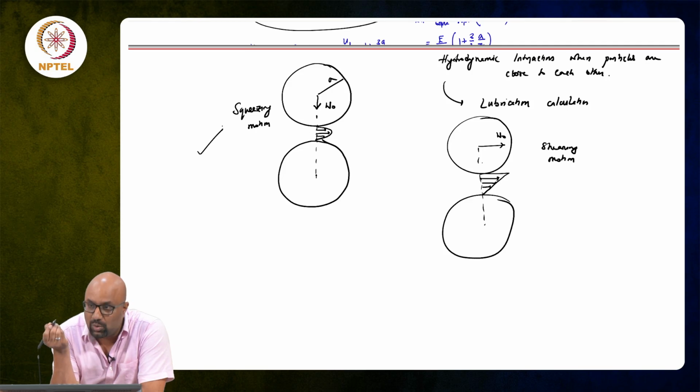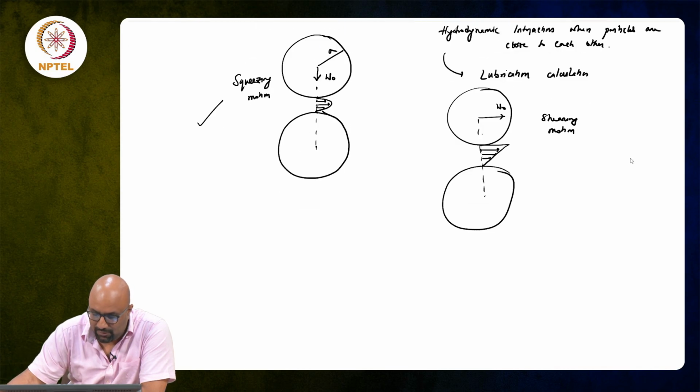It is easier to explain, and it is a classical problem: what is the force acting on these spheres if they have a relative velocity towards each other, W naught. I will touch upon the shearing motion towards the end, but that requires a more detailed calculation. If you fundamentally understand how the calculation is done for squeezing flow, doing it for shearing motion requires more detail, but the principle remains the same.